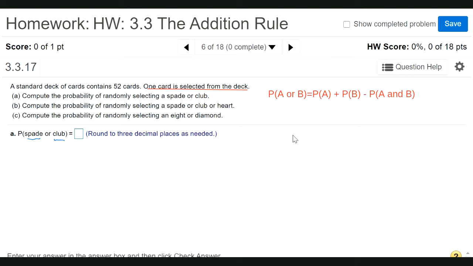So following our formula for this A part, the probability of A is the probability we draw a spade, plus the probability of B, that the card we draw is a club, minus the probability that the one card we draw is a spade and a club.